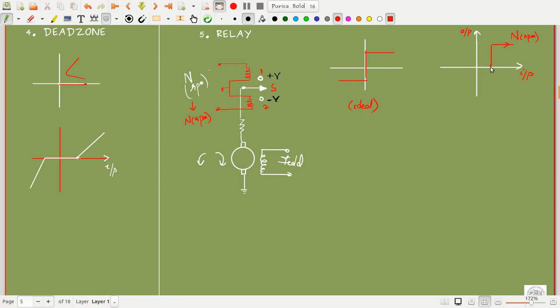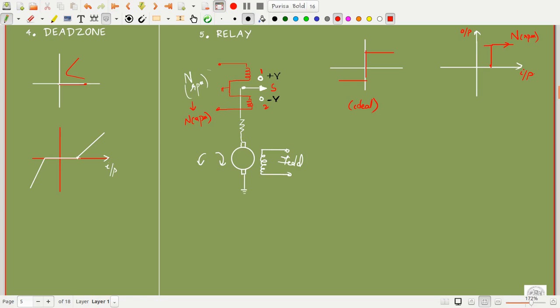Okay, so even if the input is given in the opposite direction, what happens to the relay? The current is flowing initially in this direction. So now the current has to flow in the opposite direction. This relay has to de-energize and then energize in the opposite direction for the switch to go and touch 2.